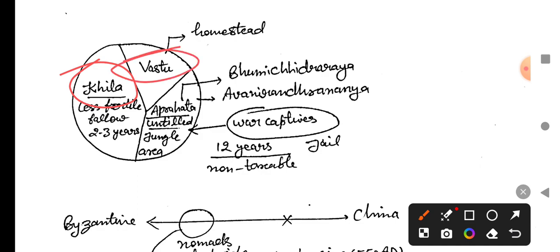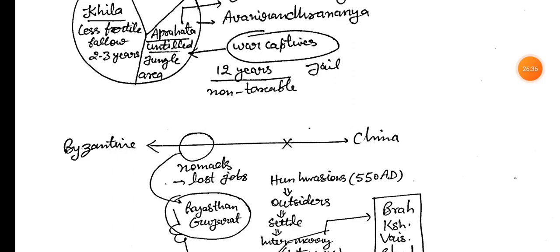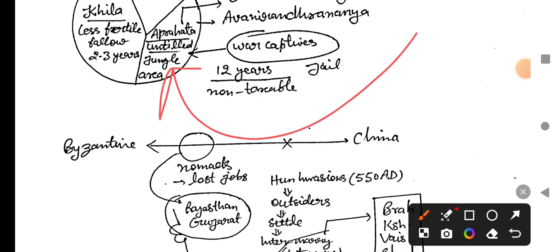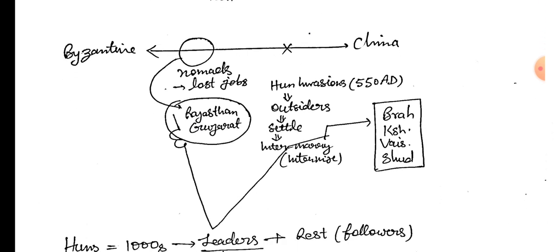And vastu means homestead, which bhumihars created for homestead, okay. And bhumi chidraranya, that means aprahat land, was untilled land, and it was jungle or barren land, okay. And when war captives were captured in any war, they were released into this jungle area for 12 years. And after that it would be non-taxable, and it was like a jail for the war captives or slaves, okay.